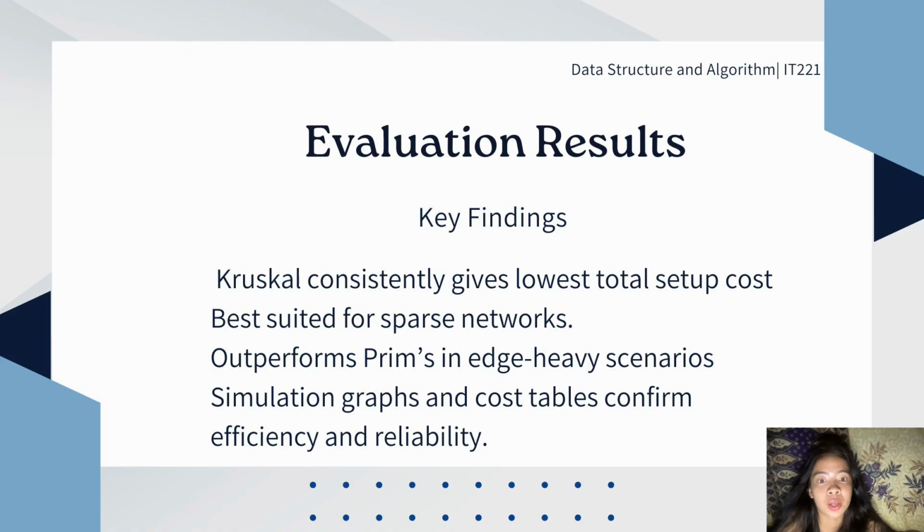In dense graphs where edge count is very high, sorting all the edges becomes computationally expensive. Also, if union find isn't optimized, performance can drop. Finally, in graphs with a high number of vertices, Prim's algorithm may outperform Kruskal's.